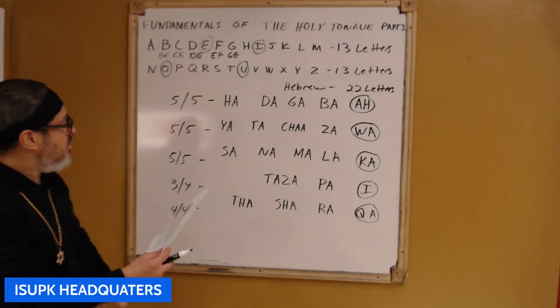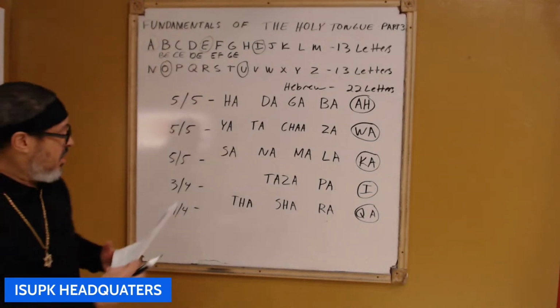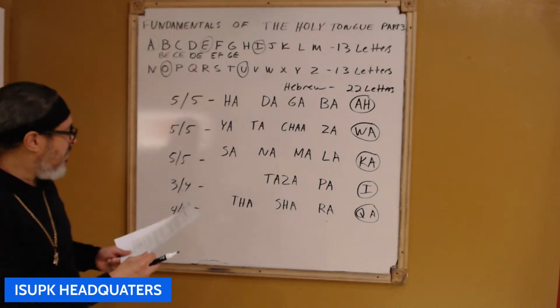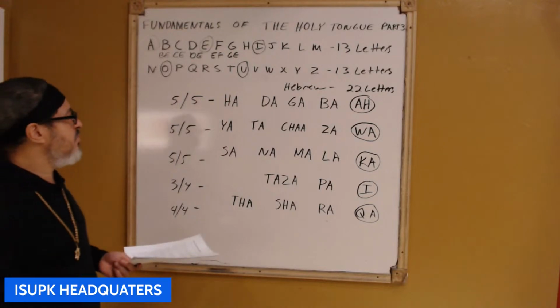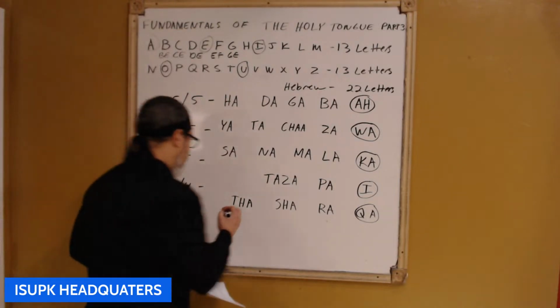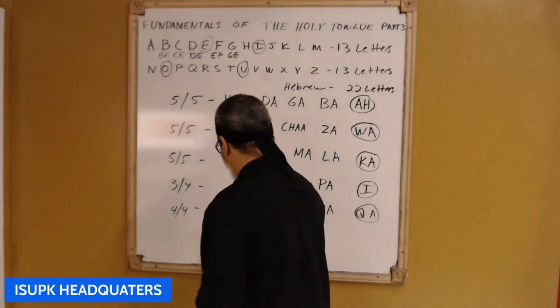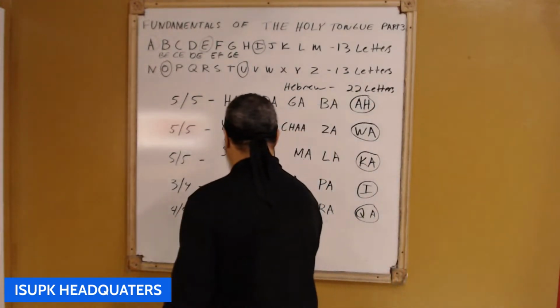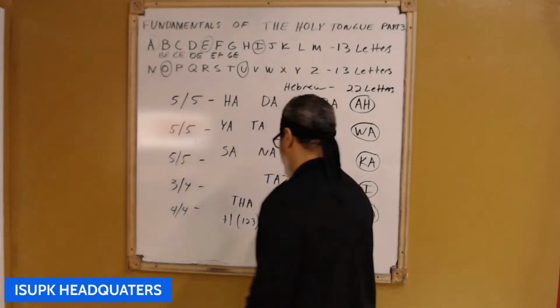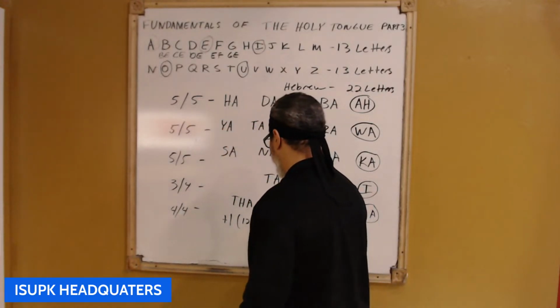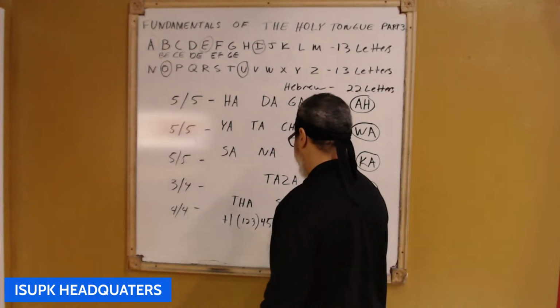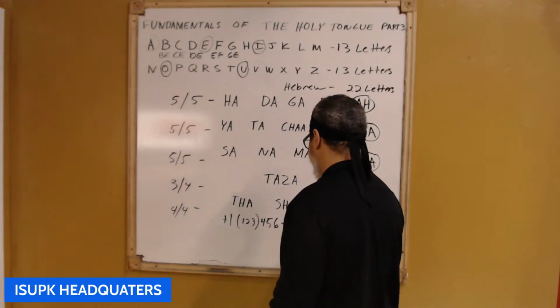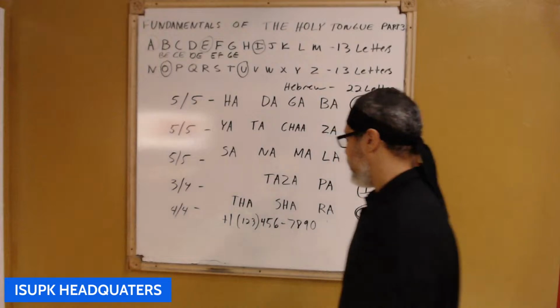So another way of doing this is you memorize it like a phone number. So if we do a typical United States phone number, we dial +1 for the United States, then we dial the area code, like 1, 2, 3, and then the 7-digit number, 4, 5, 6, 7, 8, 9, 0.